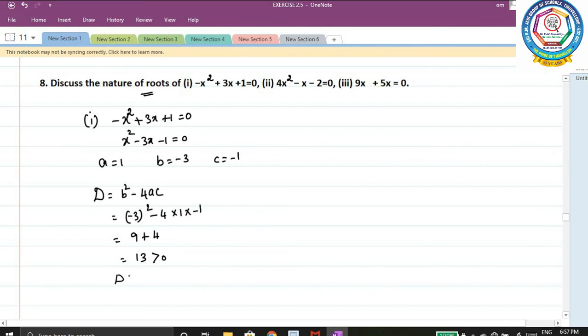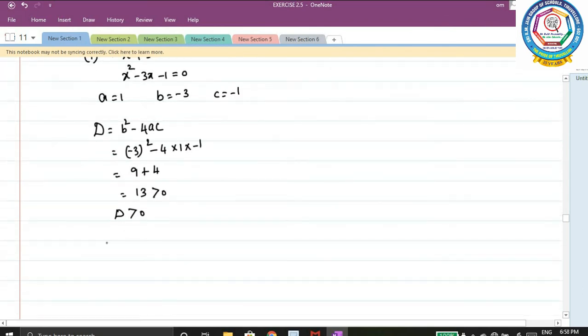If D is greater than 0, therefore the roots are real and distinct.